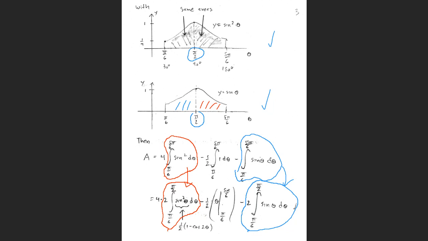Those are nice angles to work with, because a lot of times sines and cosines will equal 0 at those values, and that makes our life easier.